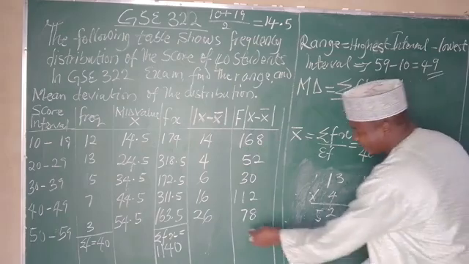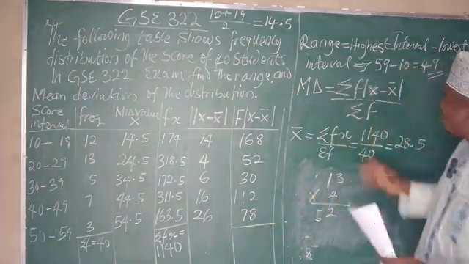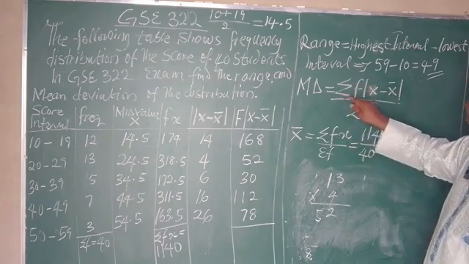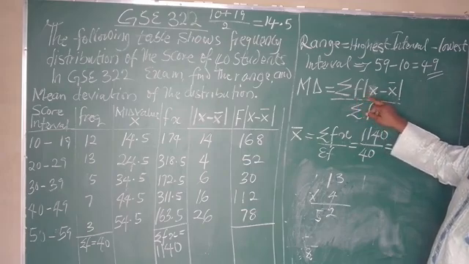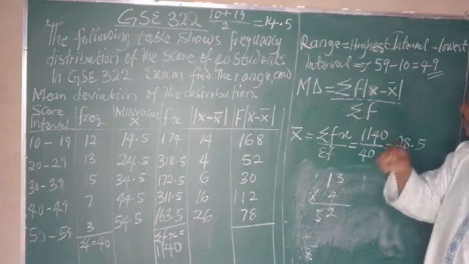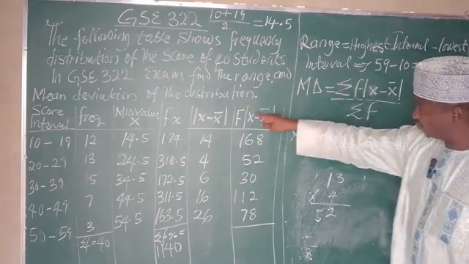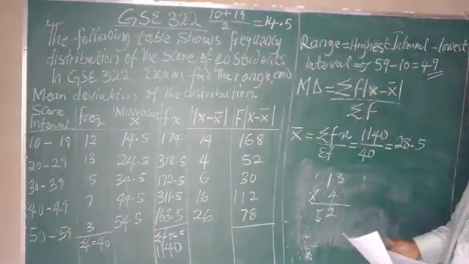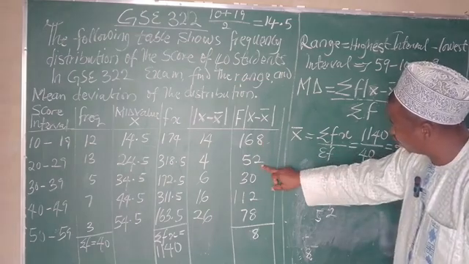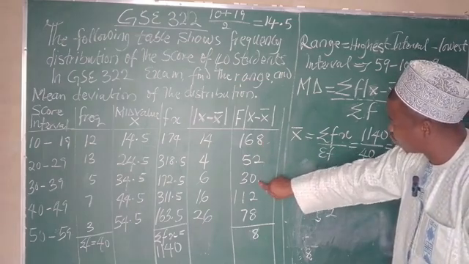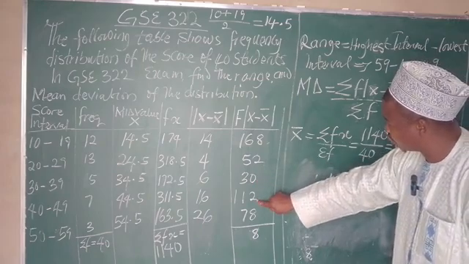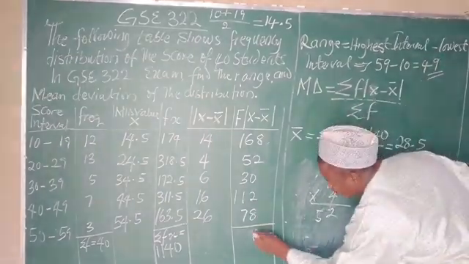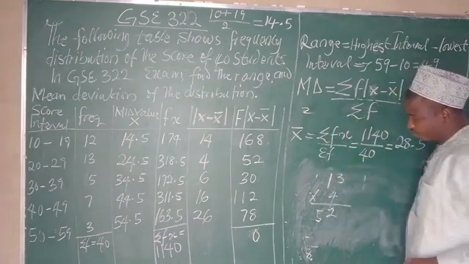So what next? Coming back to the formula, we have gotten this, but we don't have this. The sum of f times the absolute value of x minus x bar, it means we should sum all of this column together. 8 plus 2 is 10, plus 0 is 10, plus 2 is 12, plus 8 is 20. Then we write 0 and we carry 2.